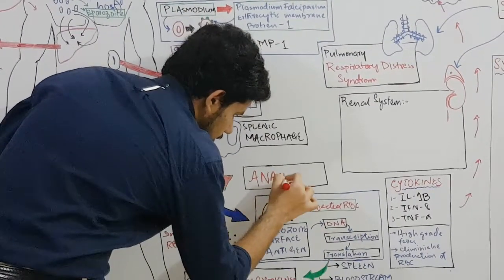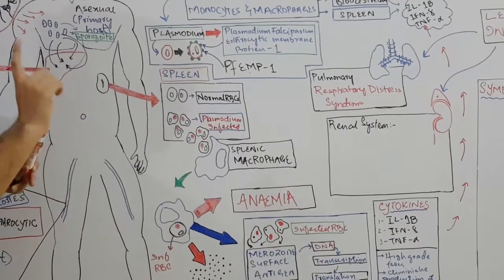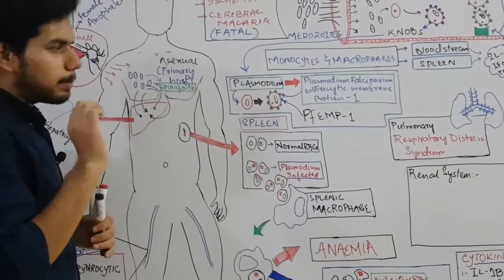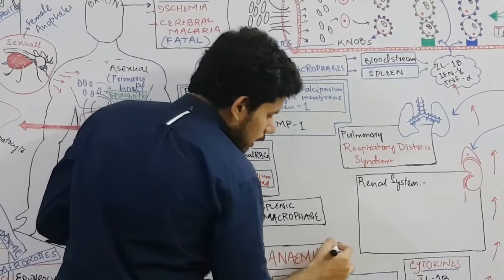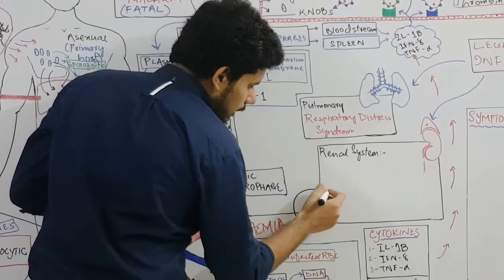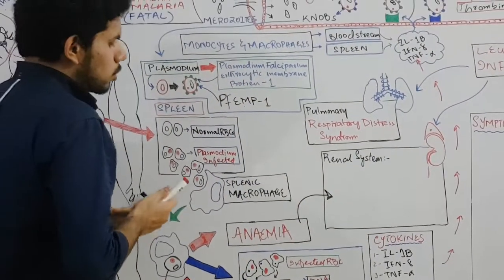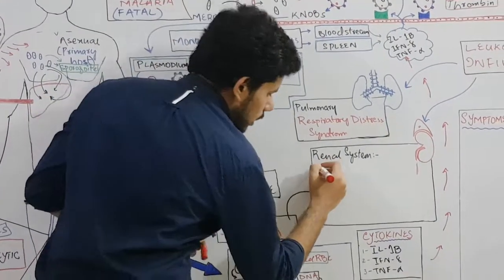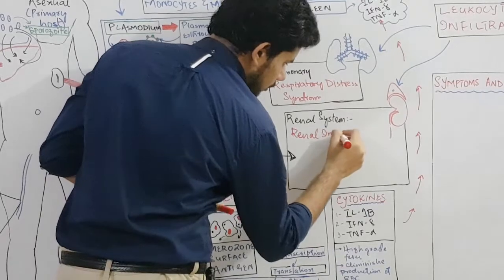Yes, anemia. So anemia is also a very specific symptom for malaria. So this anemia also starts making complications in the renal system. So anemia causes renal impairment.